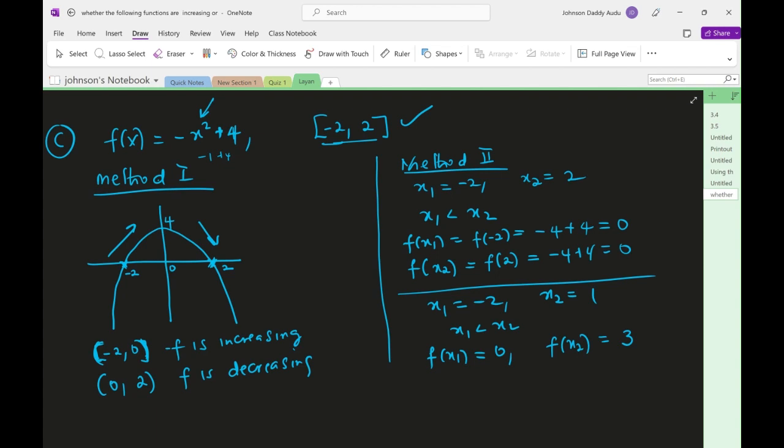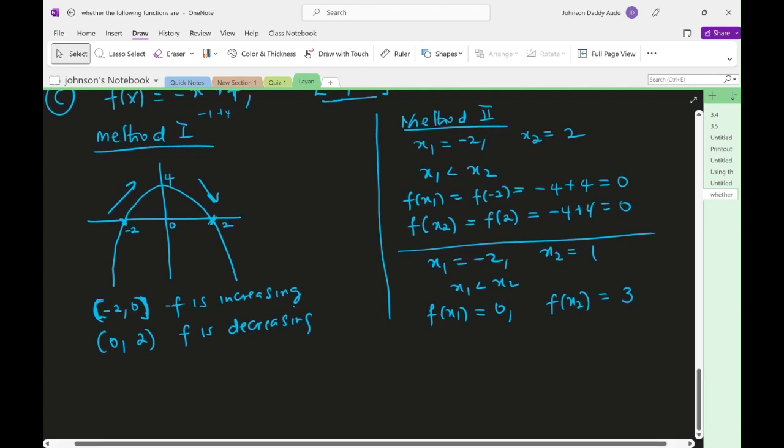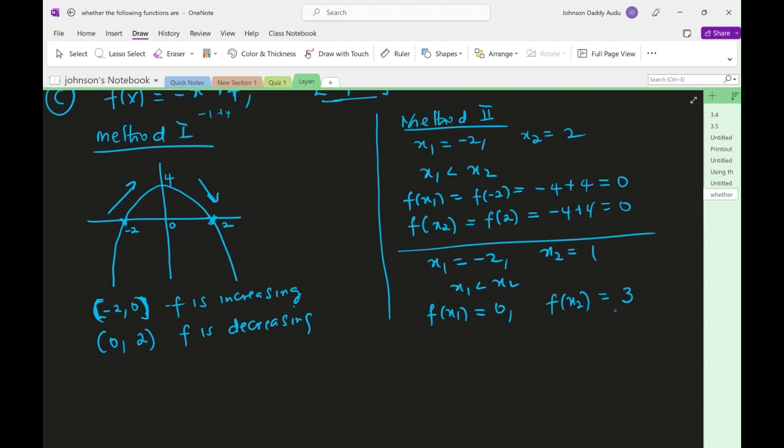So you can see in this case it is telling us that the function is increasing. But this is not really true, because we can see that from -2 to 0 it's increasing, but from 0 to 2 it is decreasing.